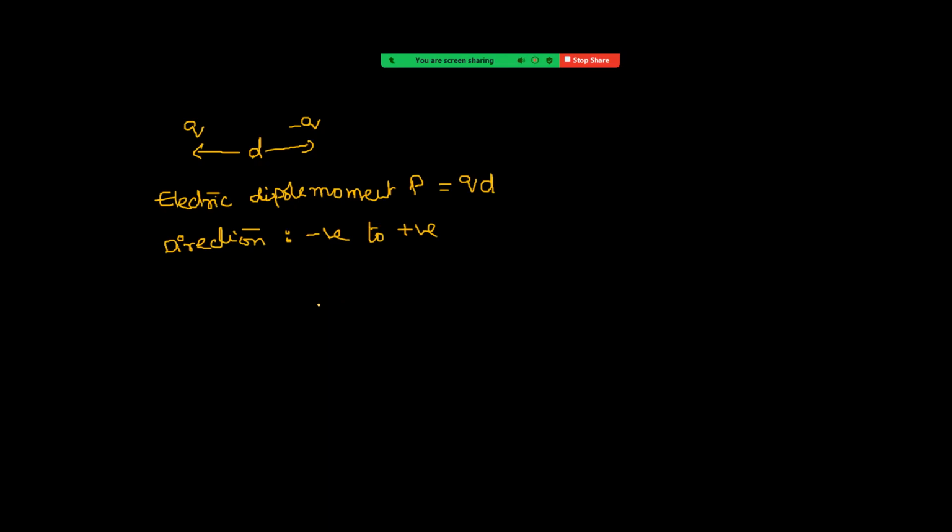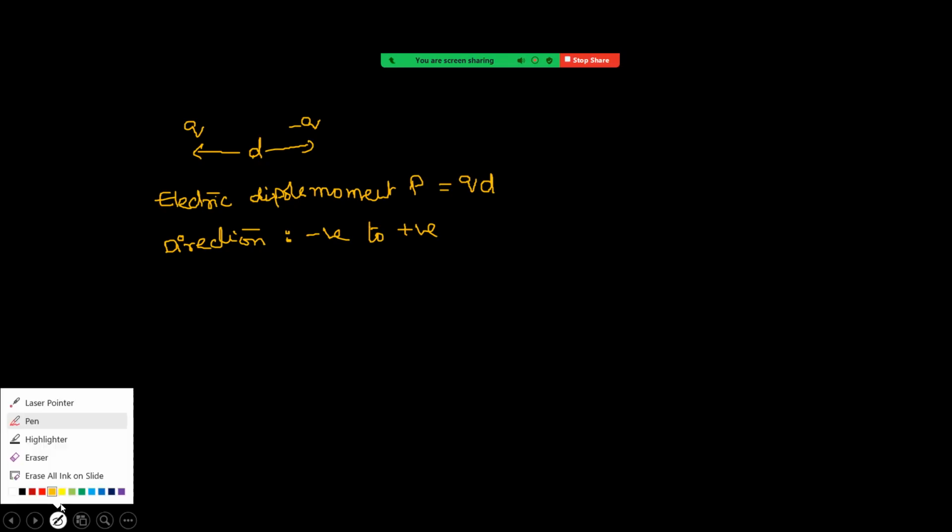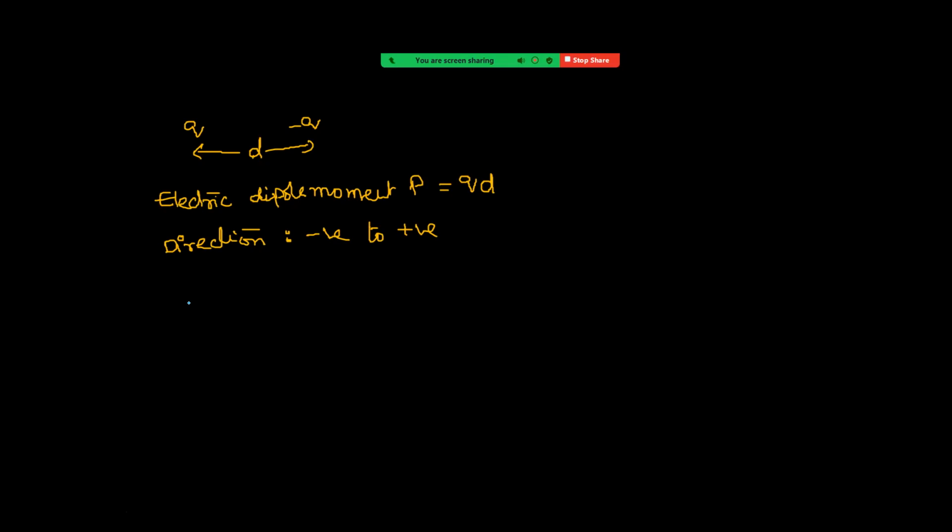Let us see practical life examples of dipoles. If you take common salt, also known as table salt, the chemical formula is NaCl, read as sodium chloride, which is a combination of Na plus and Cl minus.